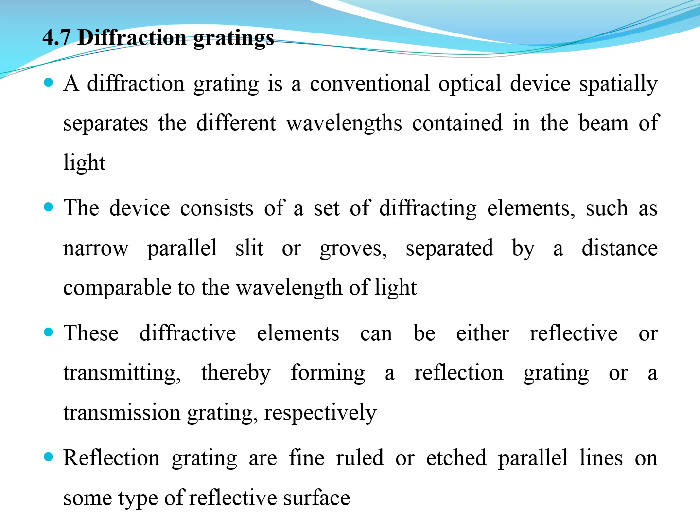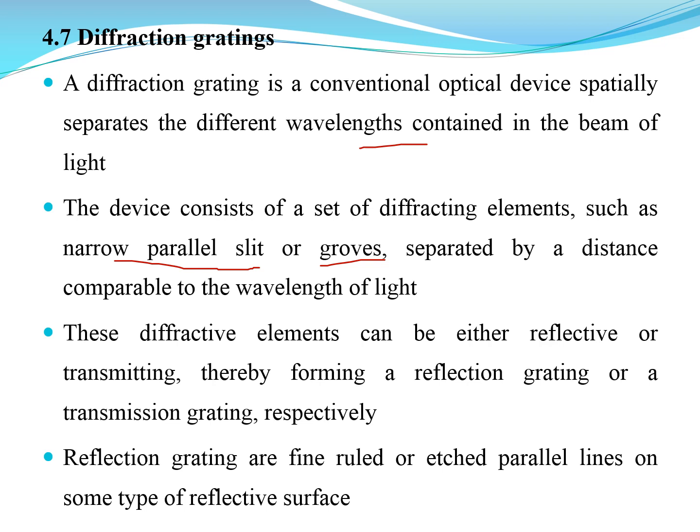Then diffraction grating. A diffraction grating is a device which separates the different wavelengths contained in a beam of light. So it is a wavelength separator, and the device consists of a set of diffracting elements such as narrow parallel slits or grooves separated by a distance which is comparable to the wavelength of light.